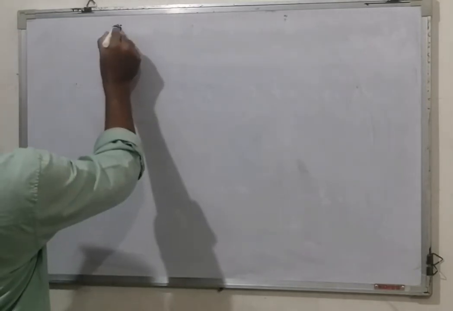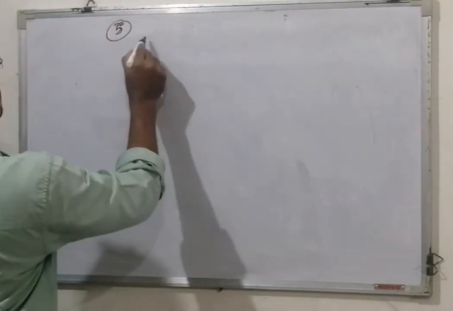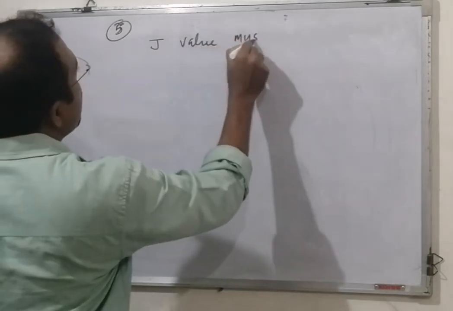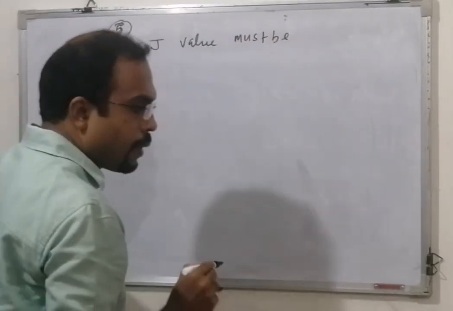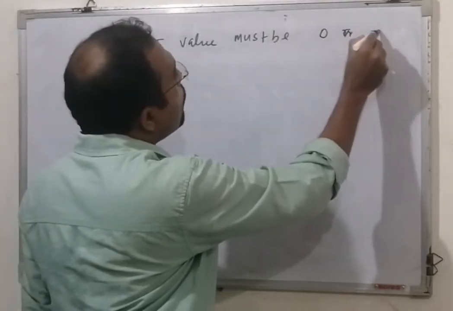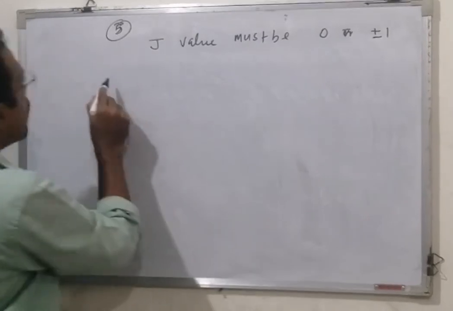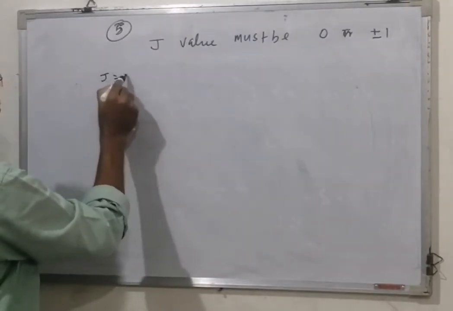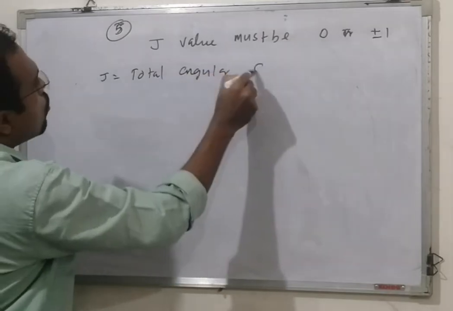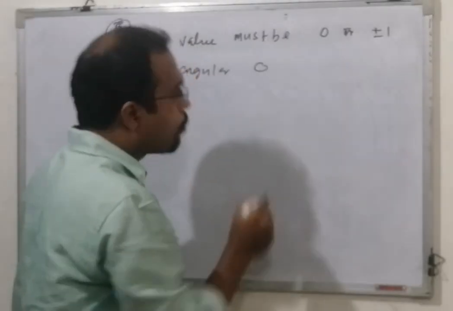Now the fifth one, be very careful. The J value must change by 0 or plus or minus 1. J is called the total angular momentum.